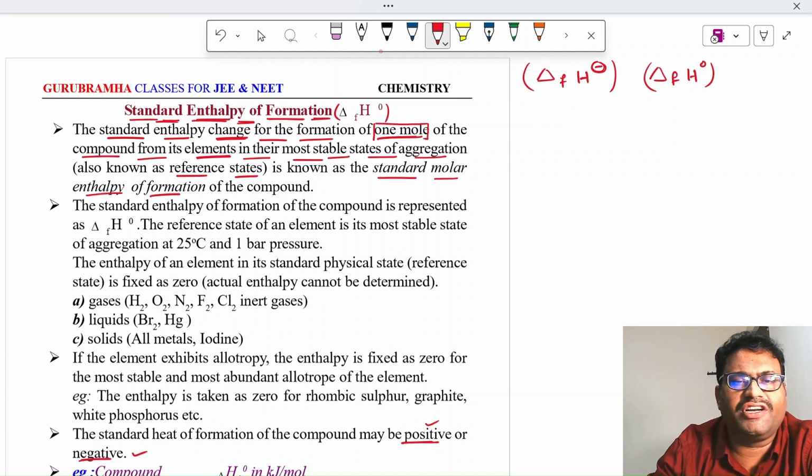If it is not written, it is simple enthalpy. So what does standard represent? Standard represents that the compound is formed from its elements which are present in their standard states.